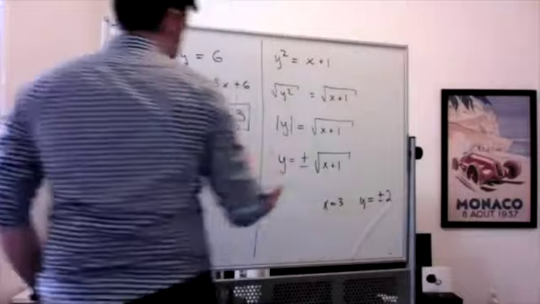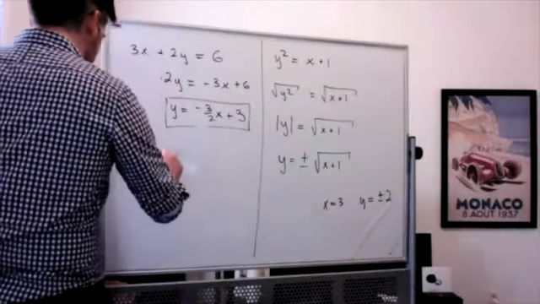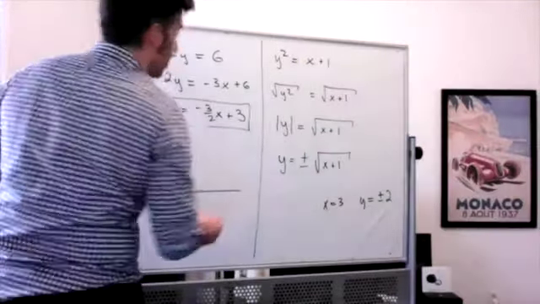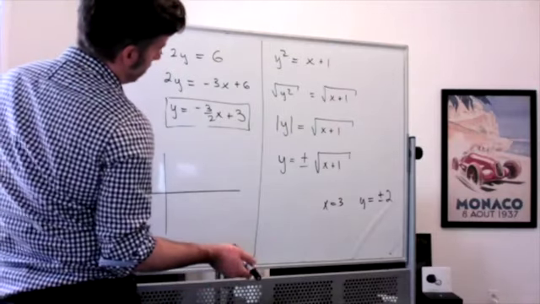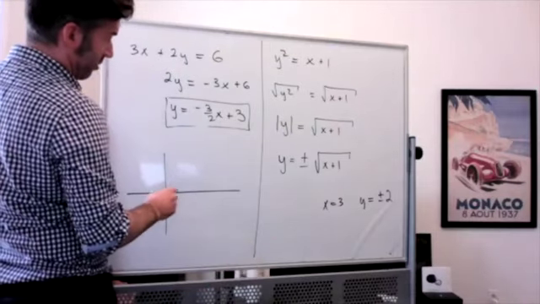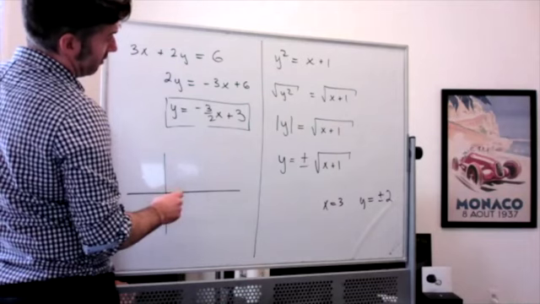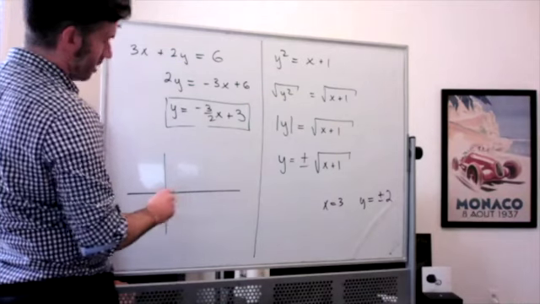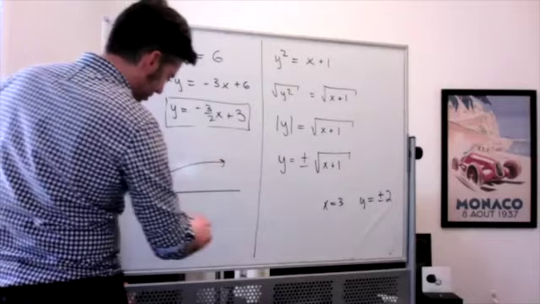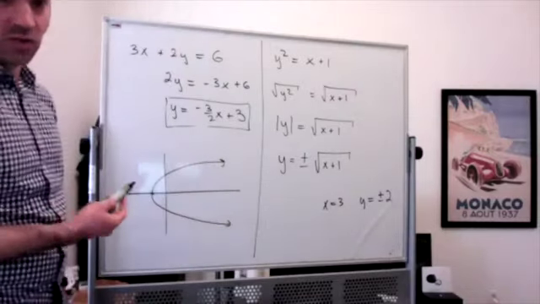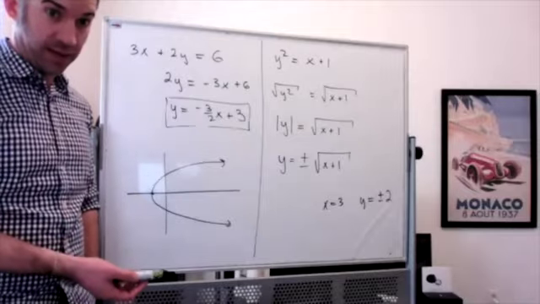The graph of y squared equals x plus 1 looks like a sideways parabola, with x is 0, y is 0 here. And we can see that this graph fails the vertical line test.